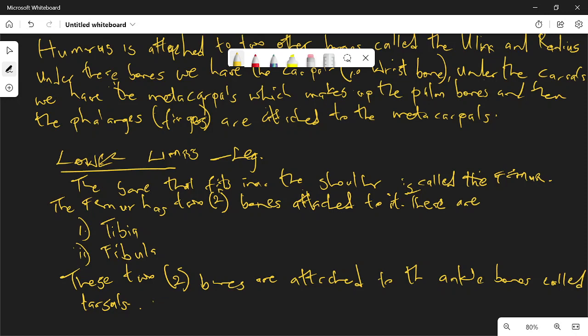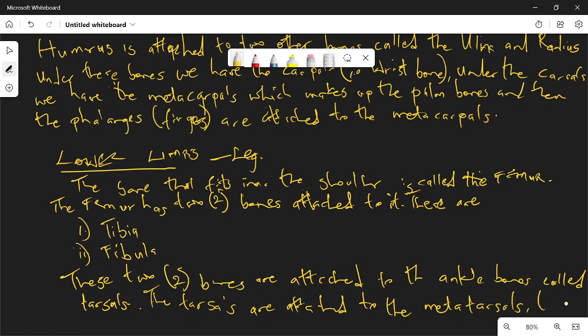So like I was saying, the tarsals are attached to the metatarsals. This makes up the what?